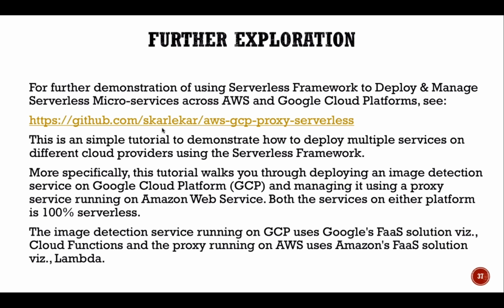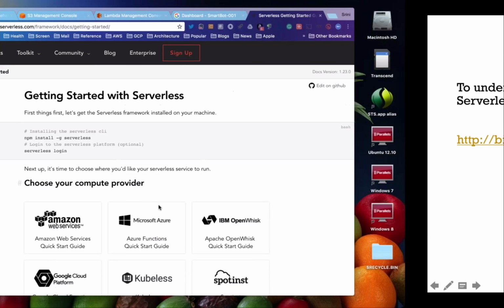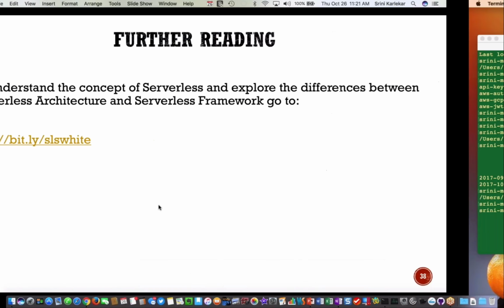One is, in this particular case, Google Vision, to get labels on an image that was uploaded, and that result is sent back to AWS Lambda, and then there it is taken and further worked upon. So this is a good example of using serverless framework to deploy code across multiple cloud providers and bring them together.